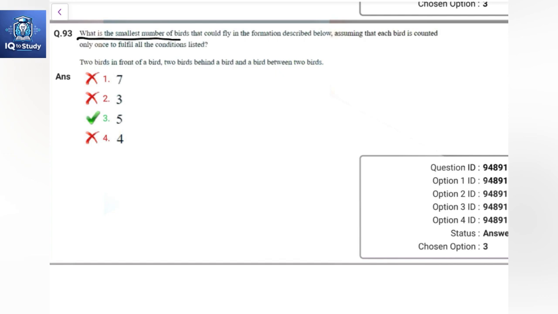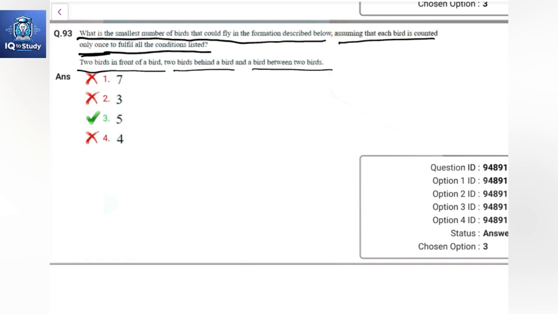What is the smallest number of birds that could fly in the formation described below, assuming that each bird is counted only once to fulfill all the conditions listed? 2 birds in front of a bird, 2 birds behind a bird, and a bird between 2 birds.